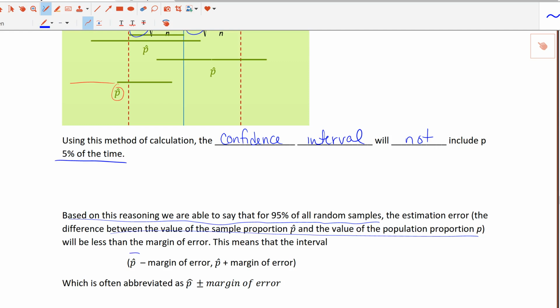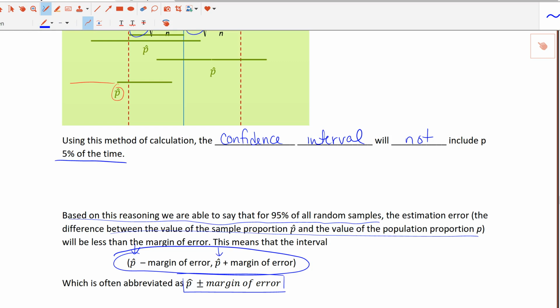And what that means is that we can create this confidence interval, which is our calculated sample proportion minus the margin of error, and then our calculated sample proportion plus the margin of error. Sometimes it's written this way: p hat plus or minus the margin of error, instead of writing it as an interval.